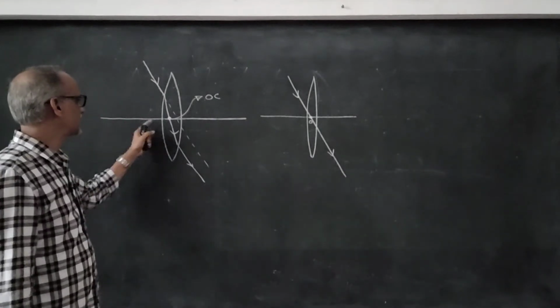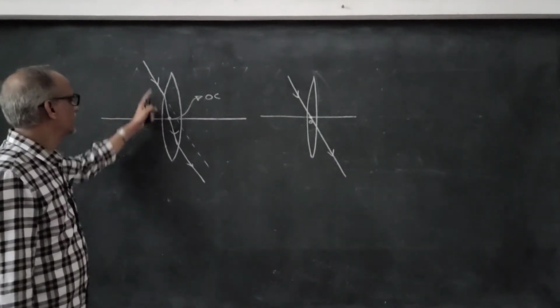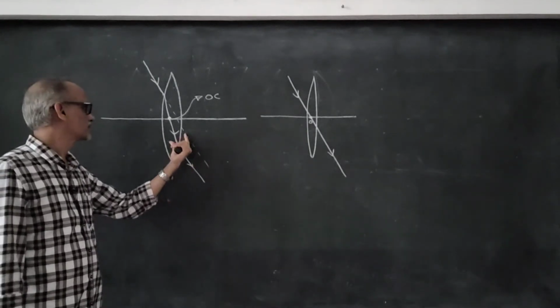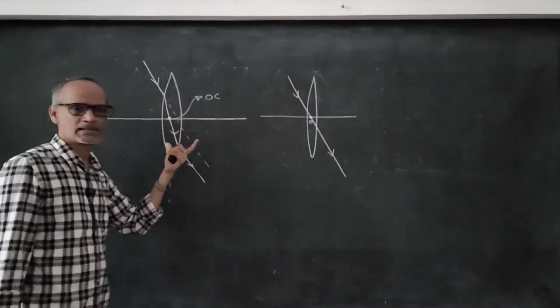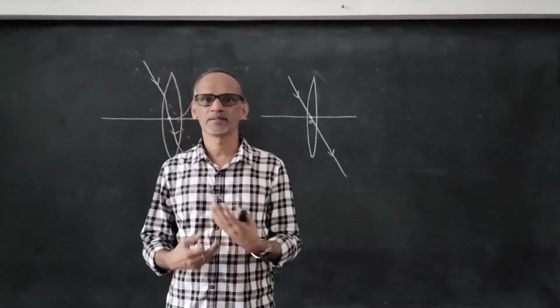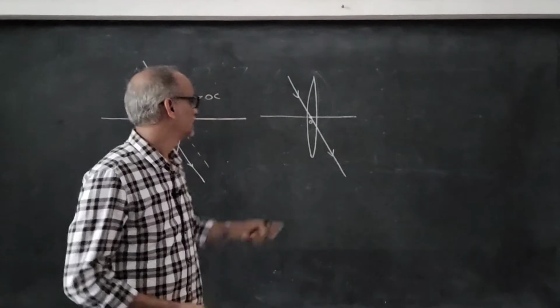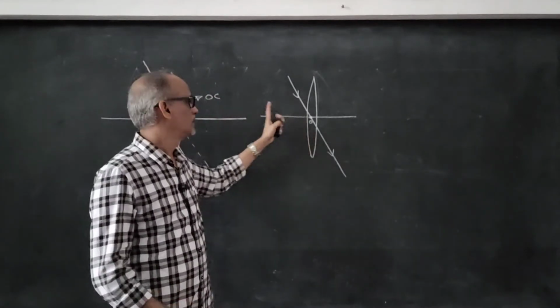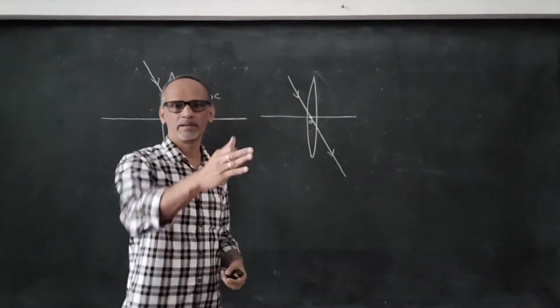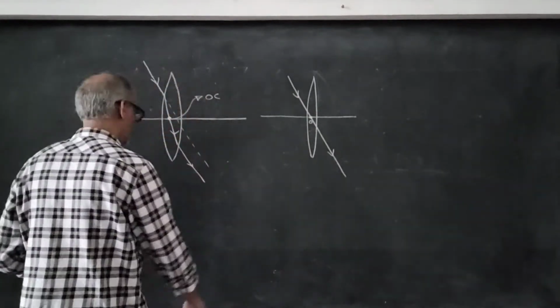Only in thick lenses, the incident ray and emergent ray are parallel. We'll get some gap between the two. That's only in the case of thick lenses. But the kind of lenses which we are studying, which is part of our syllabus, is the thin lens. So therefore, if at all any ray passes through the optic center, it has to pass straight without any deviation. So that's the point which you have to remember.